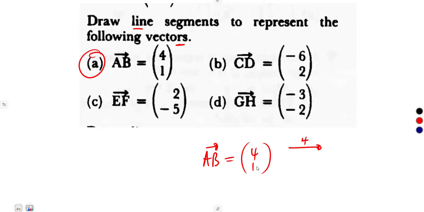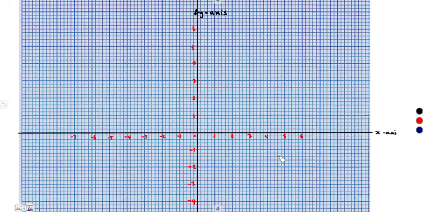And 1 unit is positive for the y, we are going up 1 unit. So A can be any point that is your reference point, but B is from A. You are not given point A, so just draw and indicate it. A is your starting point. Let's say our starting point, our A is here.